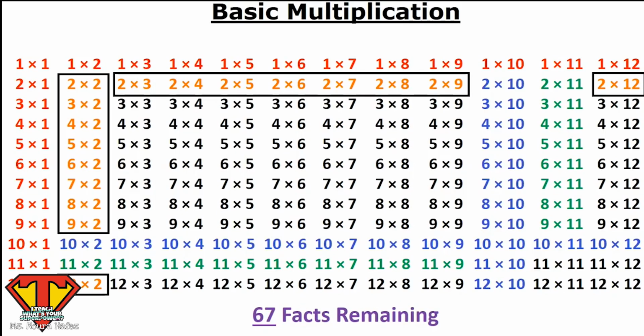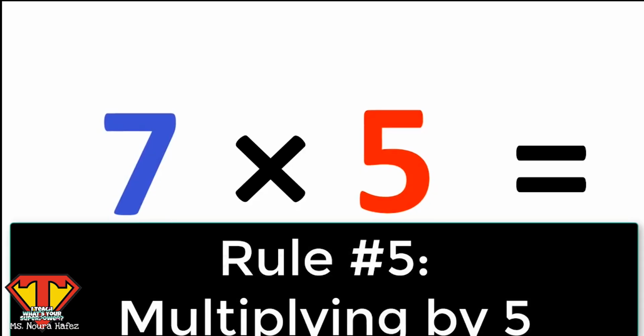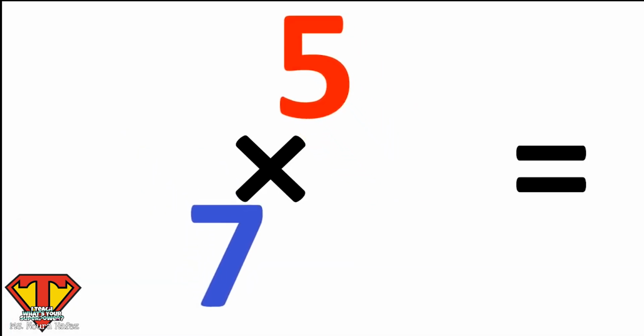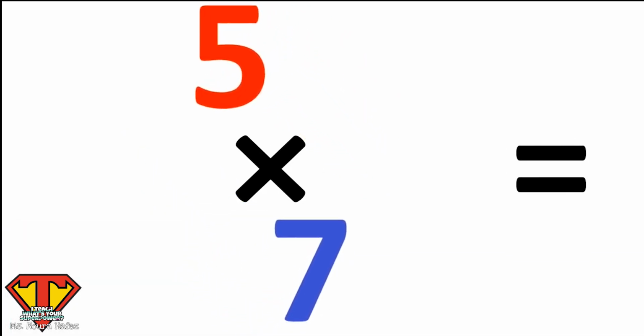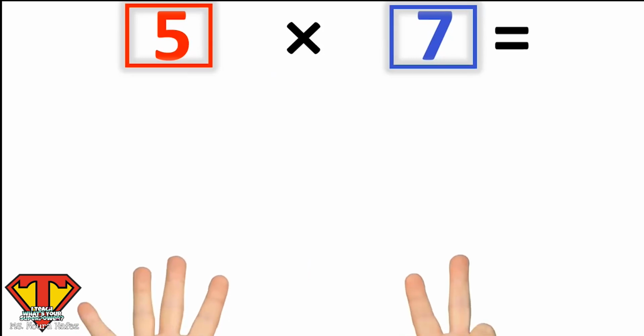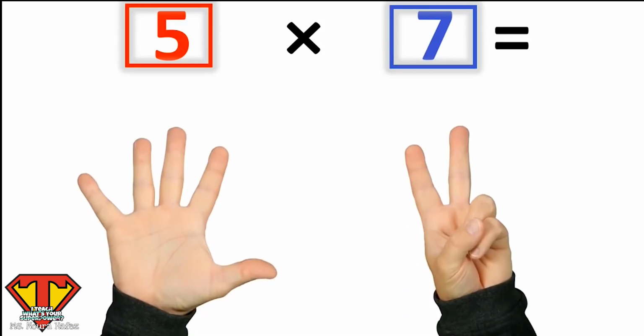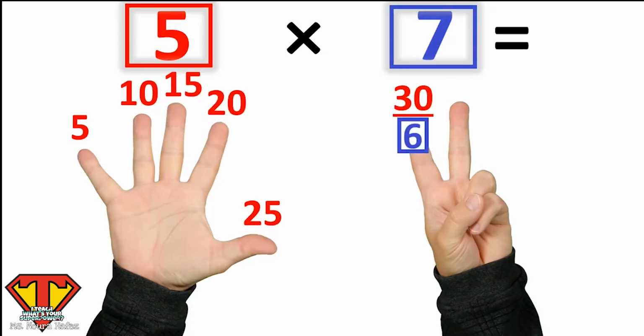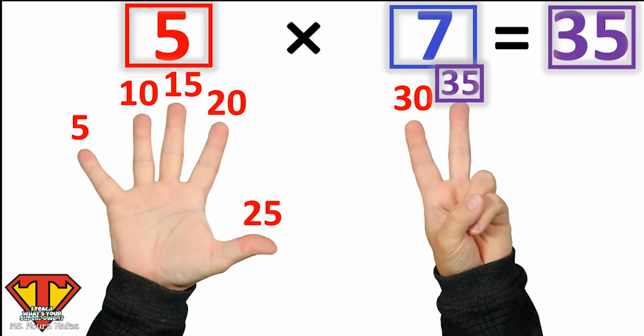It gets better. For rule 5, you're gonna look at the number 5, and once again, you're going to use skip counting because 5 is one of the easiest numbers to skip count by. So when you have 7 times 5, that just means you're going to count by 5 7 times. So 7 times 5 just means you go 5, 10, 15, 20, 25, 30, and on the 7th one you stop at 35.